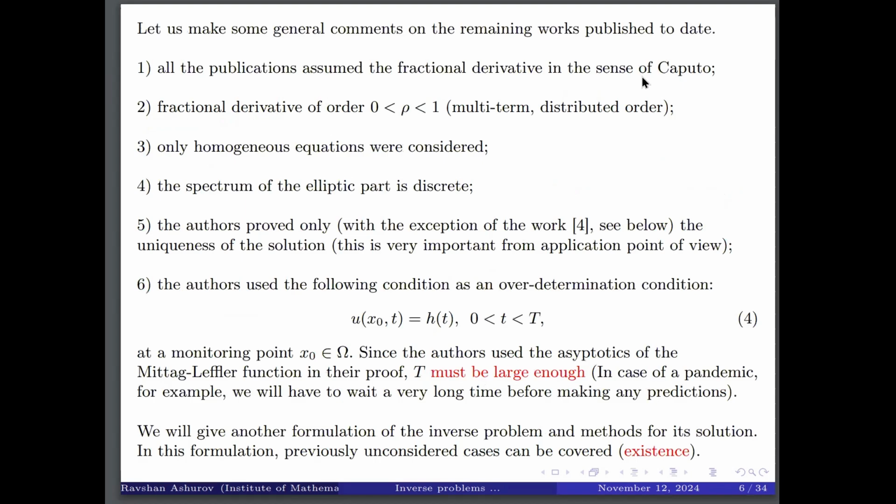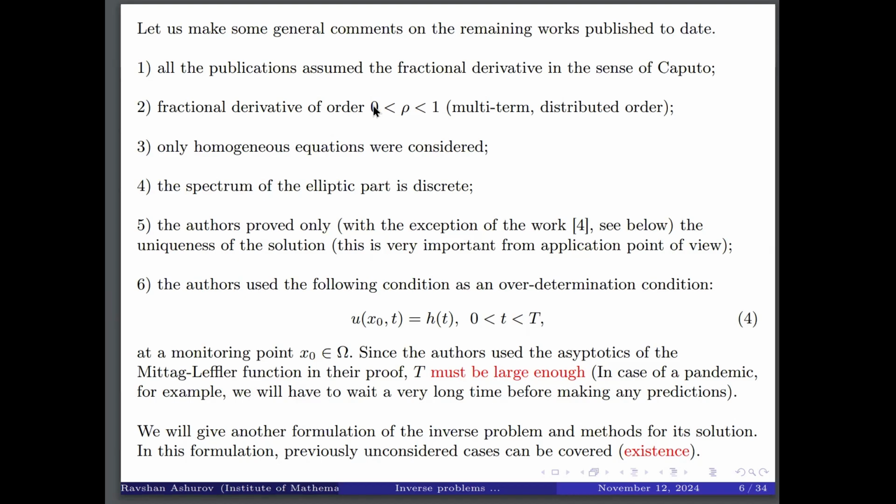Okay, now, as I told you, there is a survey paper by Yamamoto and others, published in 2019. Before and after that, there are many works published about this inverse problem. We will not stop on each of these papers, but we make several remarks.